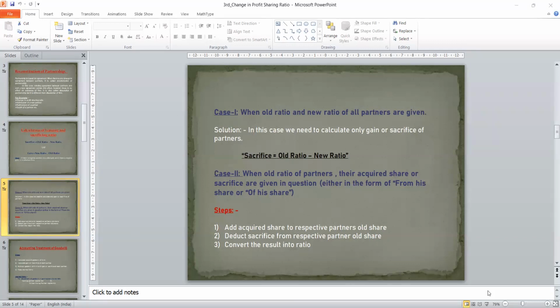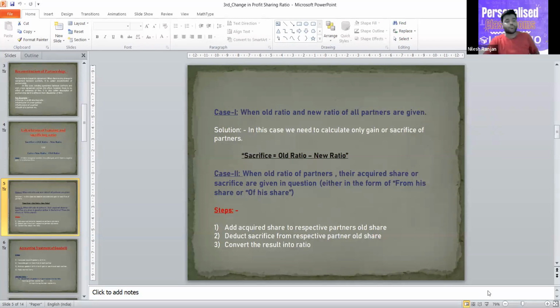We have to use the sacrifice formula, or you can use gain formula if you think that is gain. So you can use any of these two anywhere you think it is fit. So if old ratio and new ratio are given in the question, then you have to calculate only sacrifice or gain of all the partners.